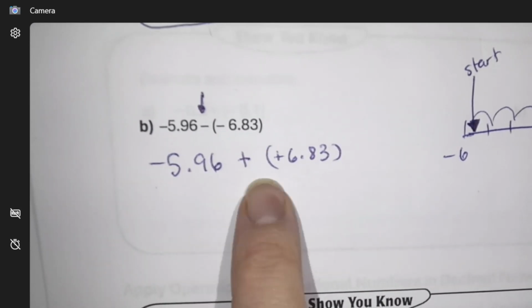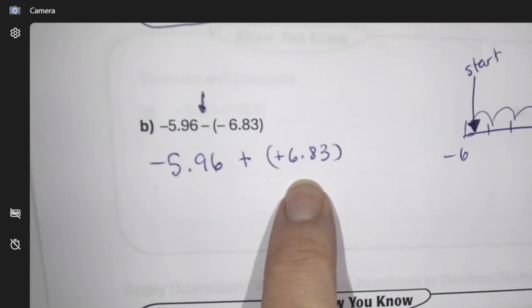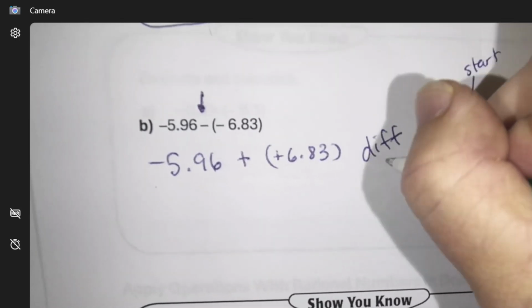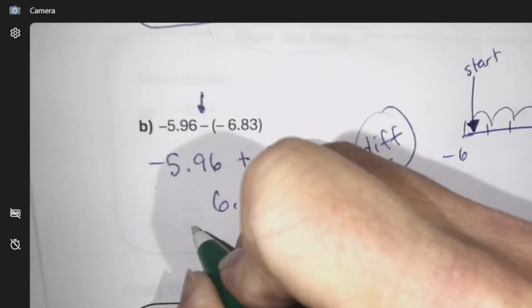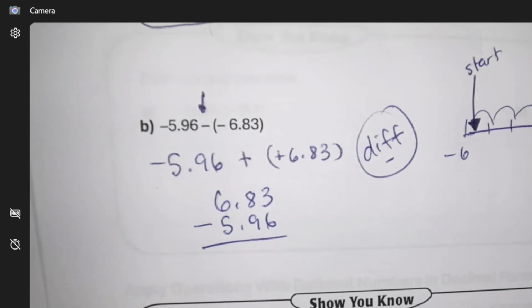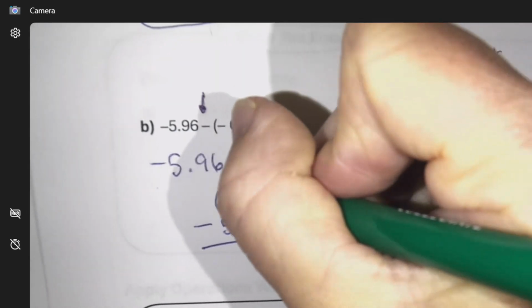So what do we do here? Should we add their values together or should we subtract their values? Subtract. They are different, so we're going to subtract them. I'm just going to write the bigger one, subtract the smaller one. We have to do some borrowing right away here.